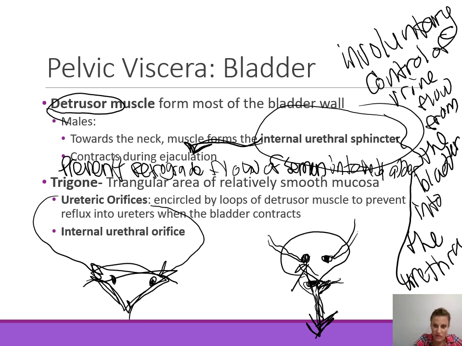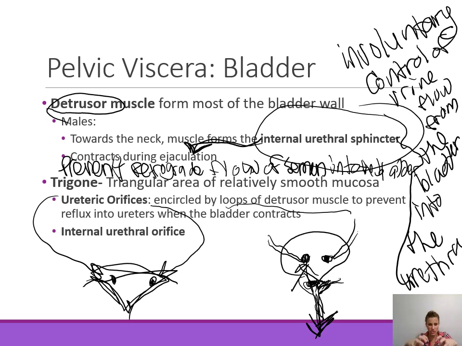The ureteric orifices, or the openings where the ureters come in, are encircled by loops of the detrusor muscle. And those loops form a sphincter around the openings into the ureters. So when the bladder contracts to release urine out the urethra, these circles of muscle also contract.